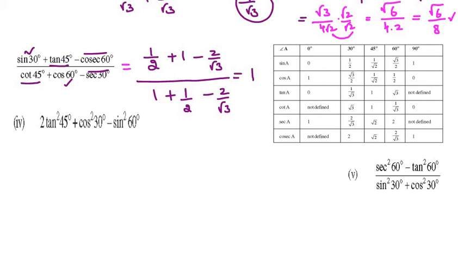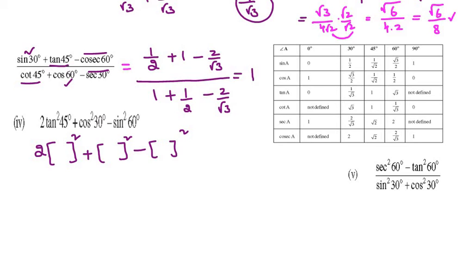Come to the fourth part. Here he has given 2 tan square 45 plus, I want to write tan 45 value, plus cos 30 value and its whole square, minus sin 60 value and its whole square.